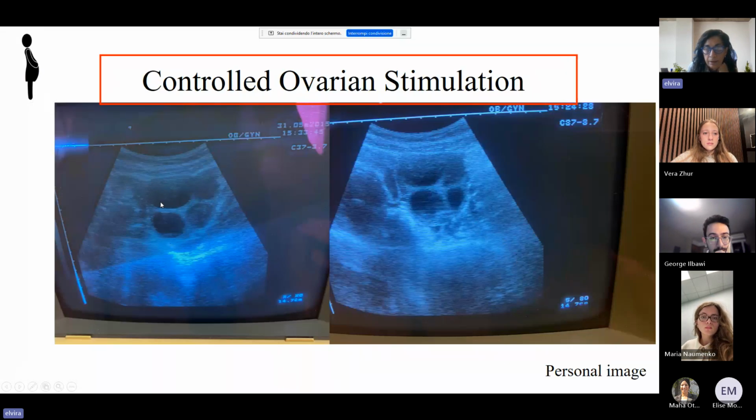These are ovaries, not yet an ovarian hyperstimulation syndrome, but this is just a so-called normal picture of a controlled ovarian stimulation. But you can see here, these are follicles, and the ovaries are very large compared to an ovary during a physiological cycle.